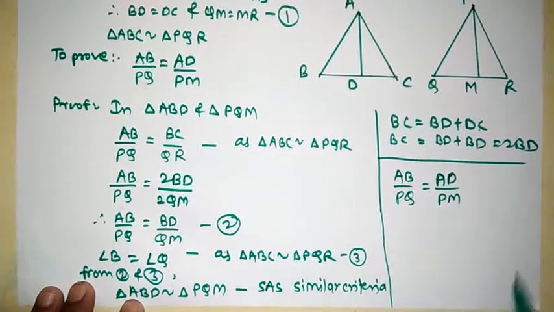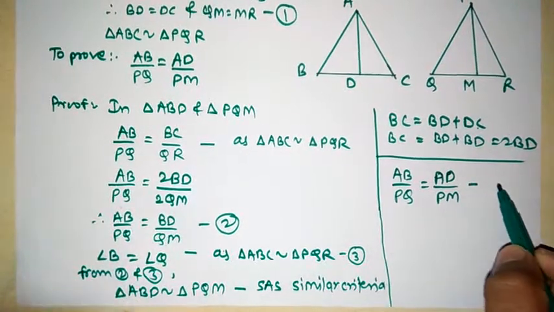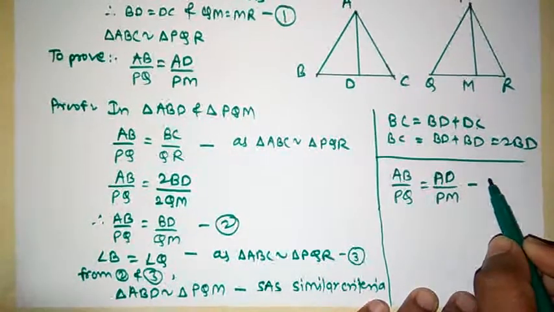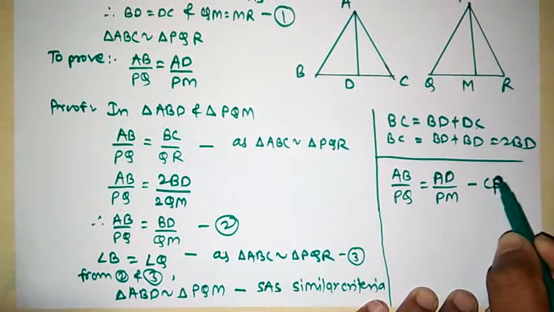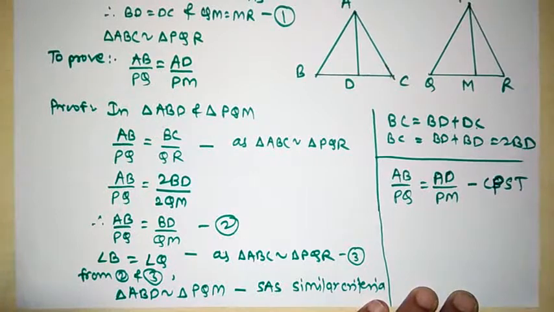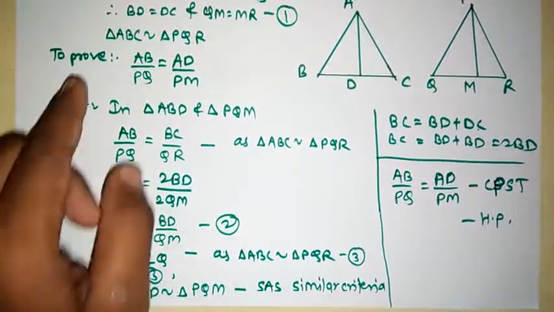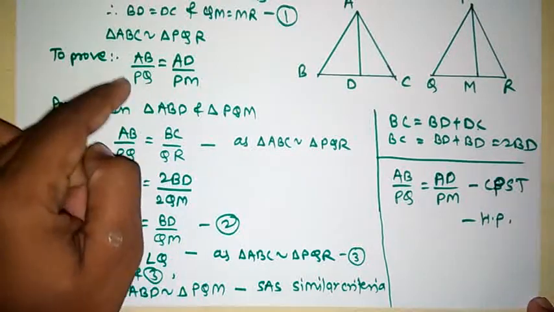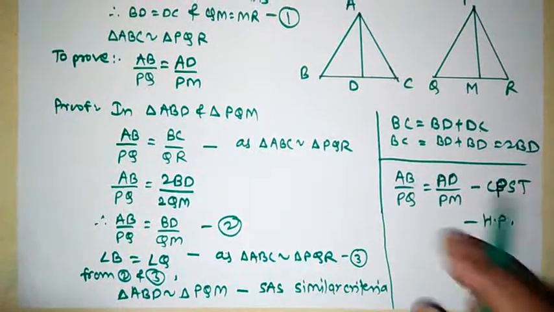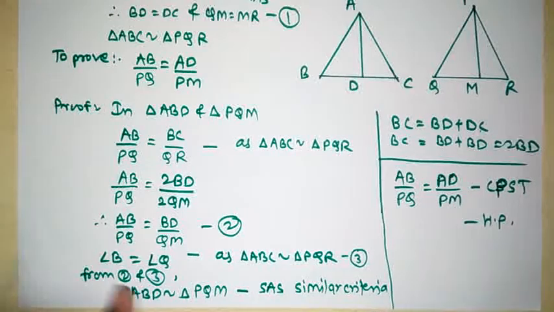Why? What is the reason? Corresponding parts of similar triangles. Hence, this much only we have to prove here. We got AB by PQ is equal to AD by PM.